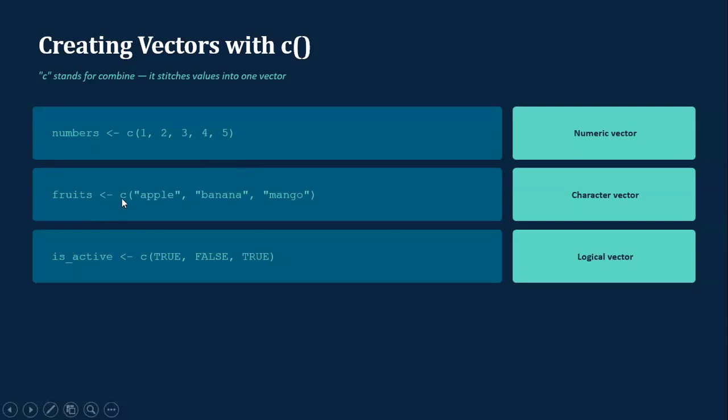Fruit <- c("apple", "banana", "mango"), which is a character vector. I hope each one of you has noticed the quotes. is_active <- c(TRUE, FALSE, TRUE) is a logical vector. Same function, three completely different kinds of data.